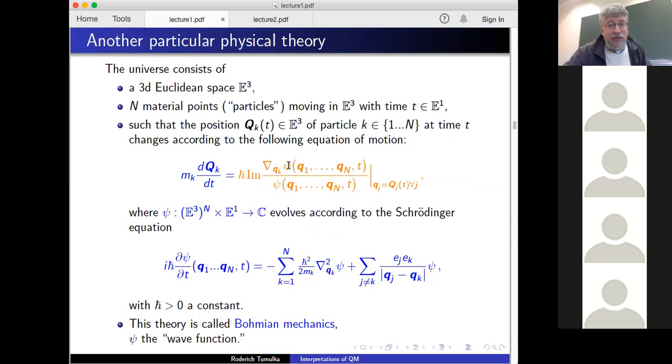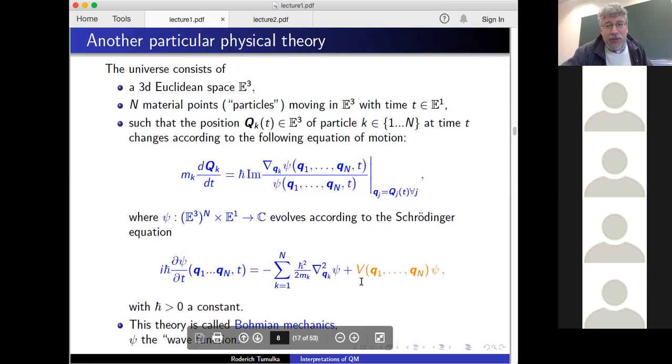You would say, you take the gradient of psi, divide by psi, take the imaginary part. Well, a two-line computation will show you that this is the same as the gradient of the phase of the wave function. Also, well, here, the way I wrote it down, I used the Coulomb potential, but of course, you can do that with any potential. I could just put here an arbitrary potential function. So Bohmian mechanics can also, of course, be defined for arbitrary potentials. Good.